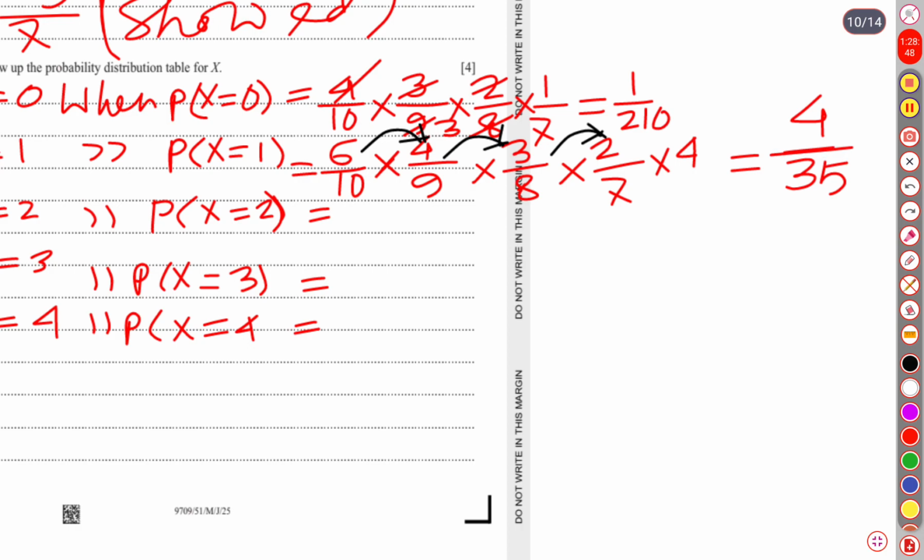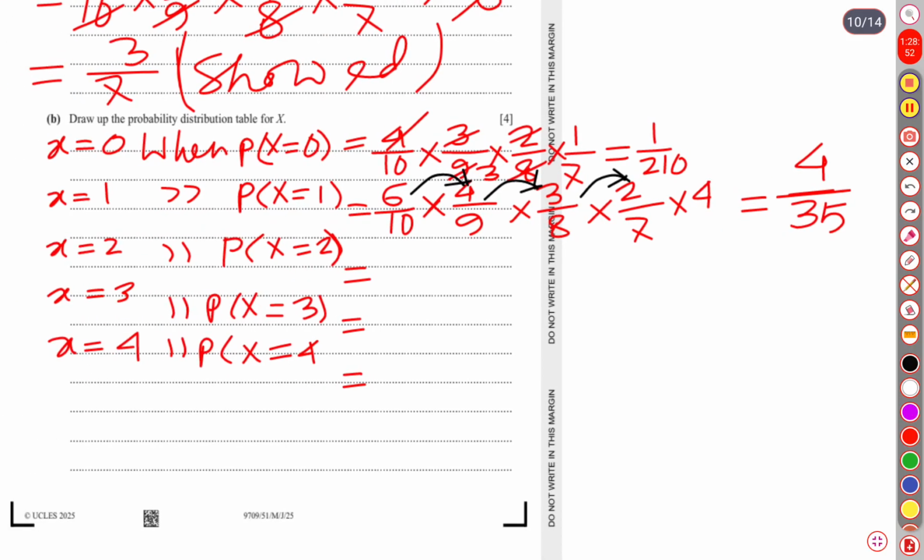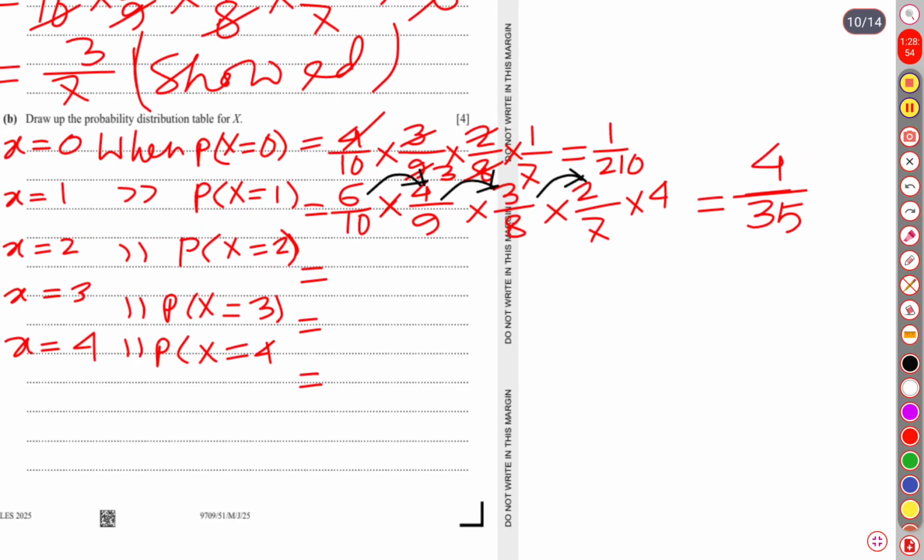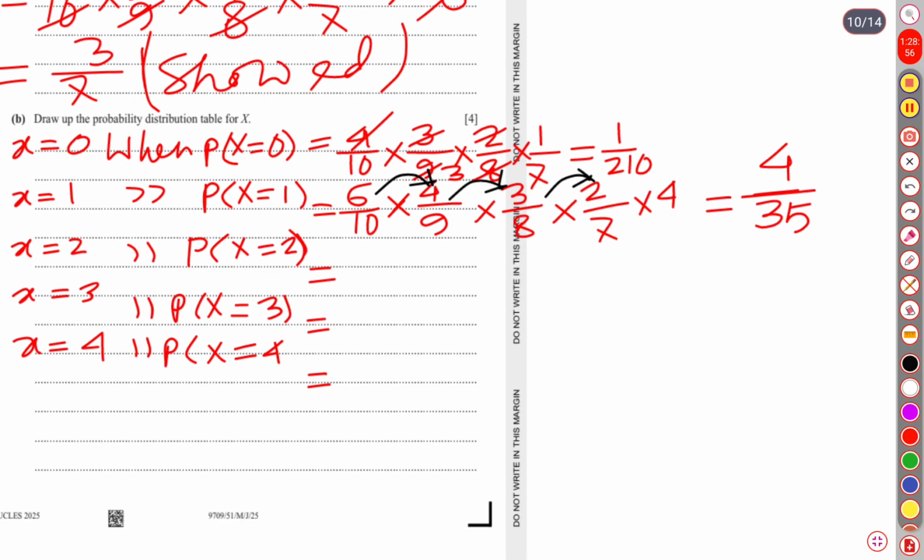Then the next case. For the next case, there are 2 blue marbles. 2 blue marbles means, suppose the first one is blue and the second one is also blue. So this is 6 out of 10, 5 out of 9, and the rest 2 may be red.